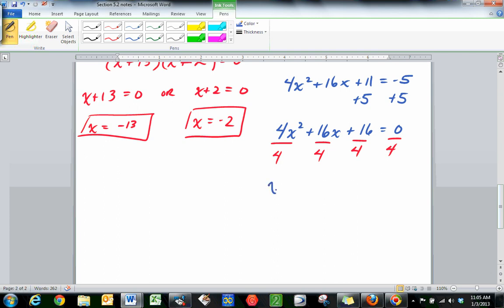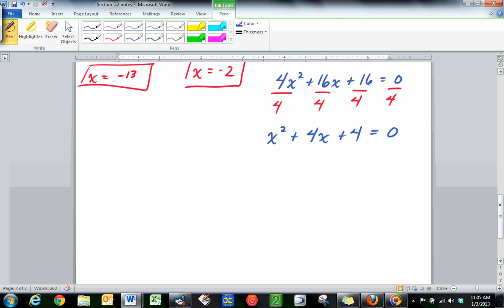And this is okay because we're solving instead of just factoring. So this is going to leave me with x squared plus 4x plus 4 equals 0. By dividing out this common factor, it gives us a much simpler polynomial to work with, and hopefully by now you're recognizing that x squared plus 4x plus 4 is a perfect square trinomial.